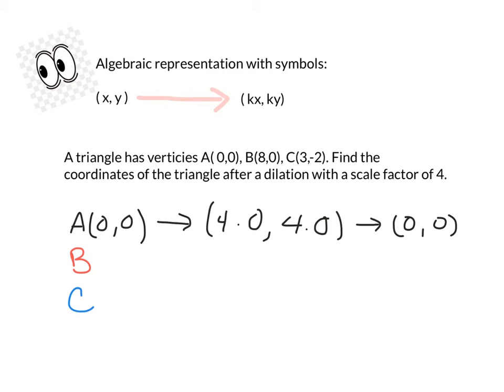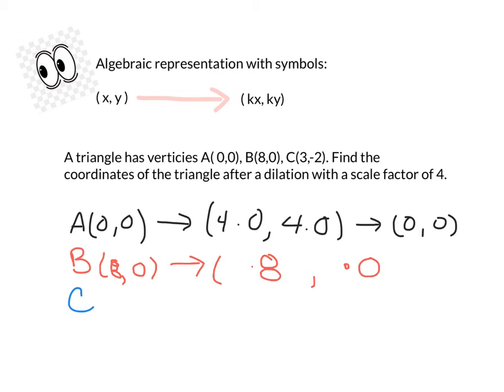Let's see what it would look like for B. My initial point is (8, 0). Okay, so now that I've got my initial point, I know that I need to multiply my x by the scale factor, as well as I need to multiply my y by the scale factor.